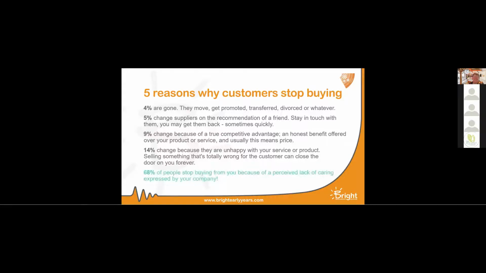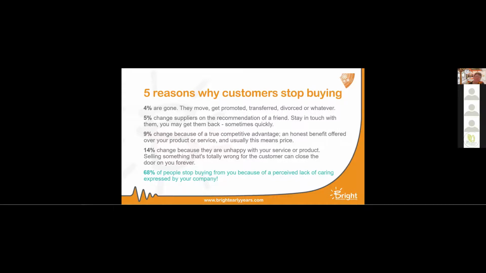But actually 68% of people leave potentially because there's a perceived lack of caring expressed by the company. So again, if we're not having those touch points with our customers during their journey with us, then they gradually become less happy with us because they don't hear from us on that level. They don't feel we care.